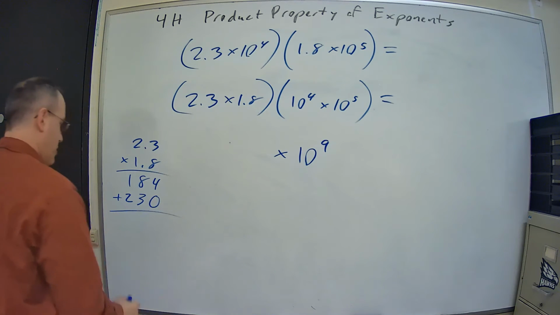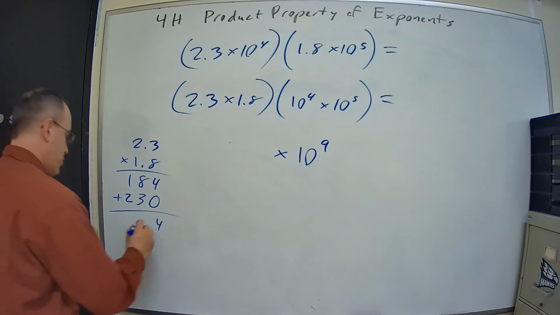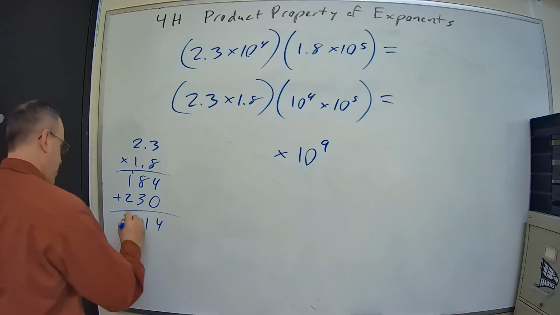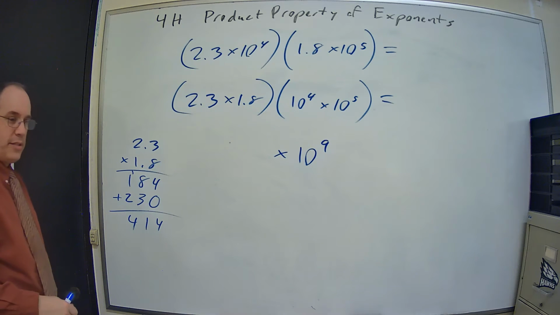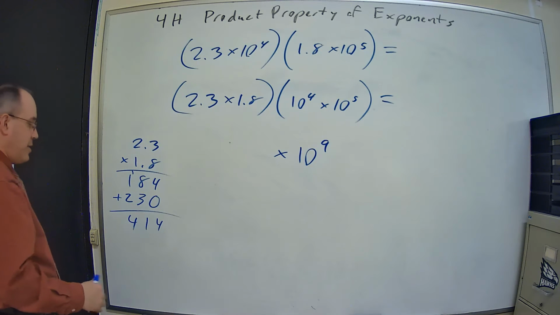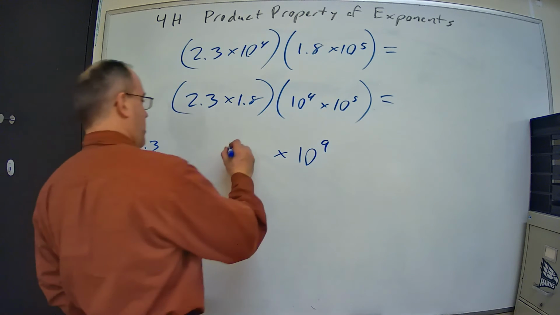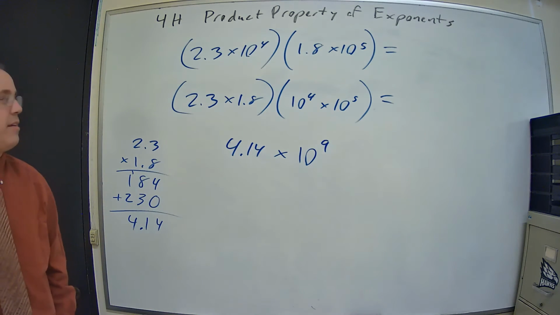We're going to add those together, gives us 4. 8 plus 3 is 1, carry the 1. 1 plus 1 is 2, plus 2 is 4. And there were 1, 2 decimal places in the numbers we multiplied together, so there's going to be 2 decimal places here. 4.14. 4.14 times 10 to the 9.